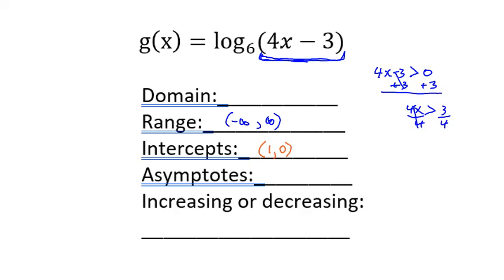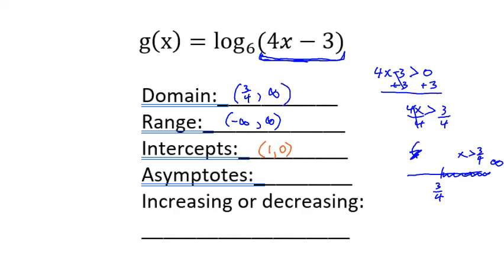If we want to write this with interval notation, what we're saying is that here's 3/4, and we have all the x values greater than that, even going to positive infinity. So this right here represents x greater than 3/4. So in interval notation, we're saying everything to the right of 3/4 is something that we can use.